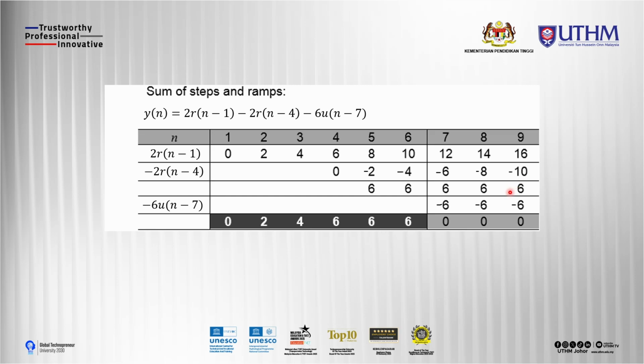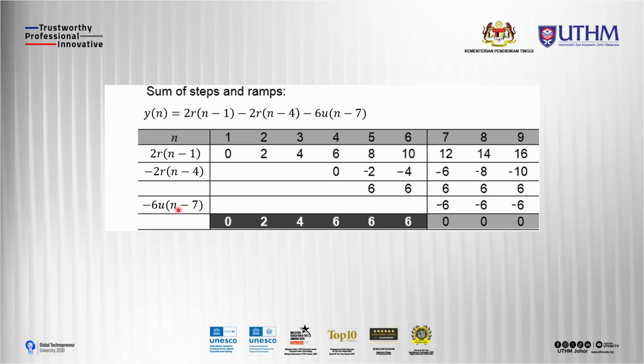So how to remove this? You need to minus 6, minus 6, minus 6. 6 minus 6 is 0, 6 minus 6 also 0, 6 minus 6 also 0. So this is the signal that you want. The signal here is negative, amplitude 6, so you get -6. And this is a unit step function because it has the same value.